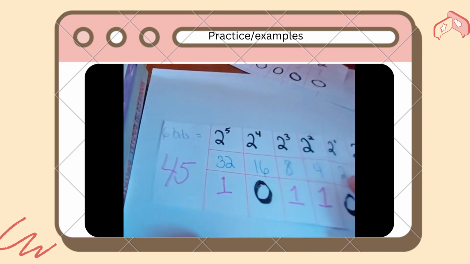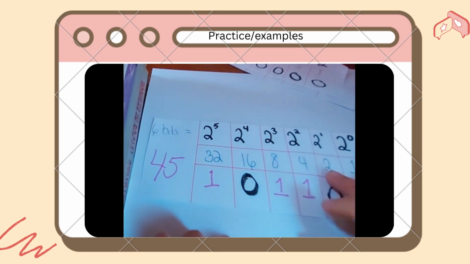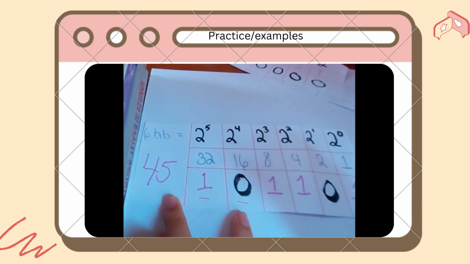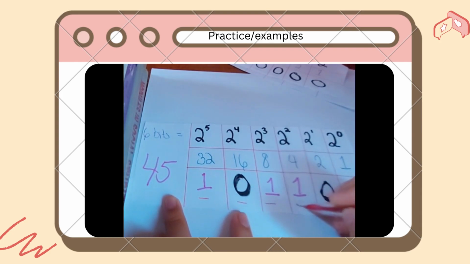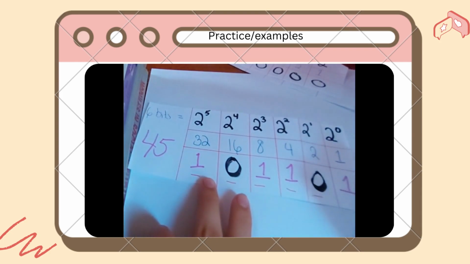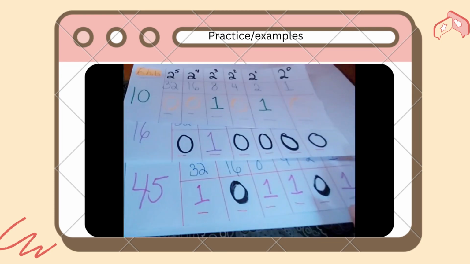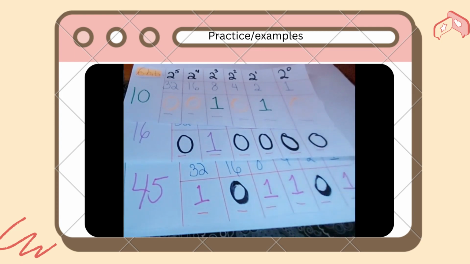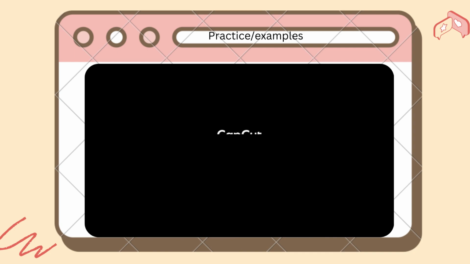We finally learned that the binary number for 45 is 101101. These are all the examples we used to learn how to convert regular numbers, or decimal numbers, or whole numbers into binary numbers.